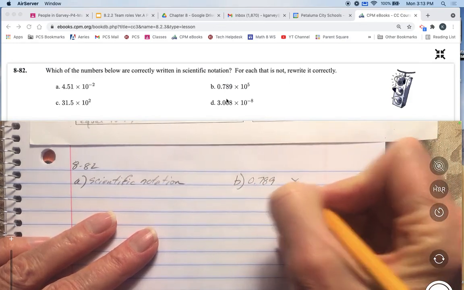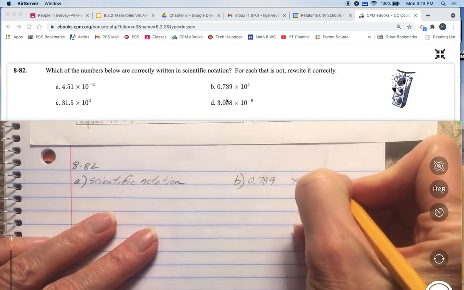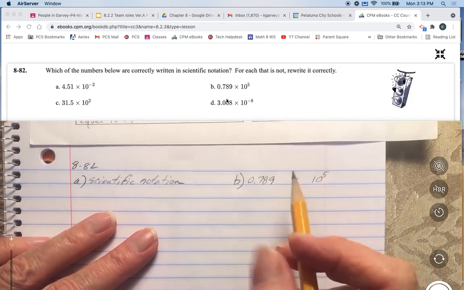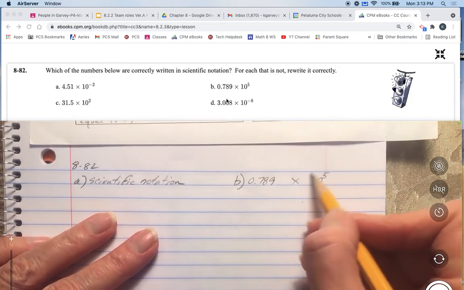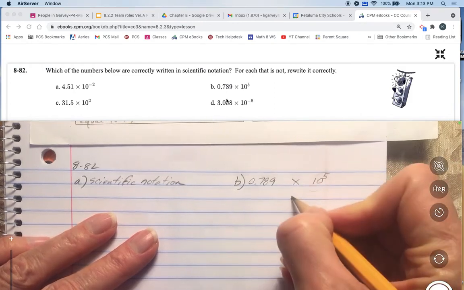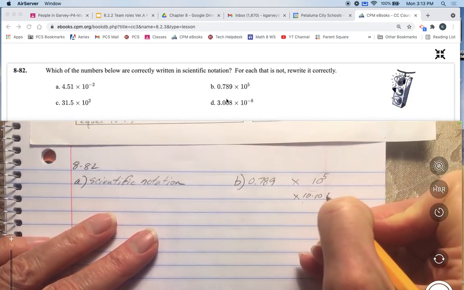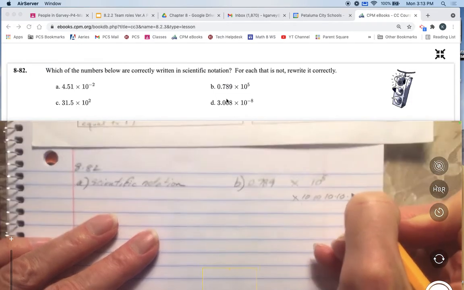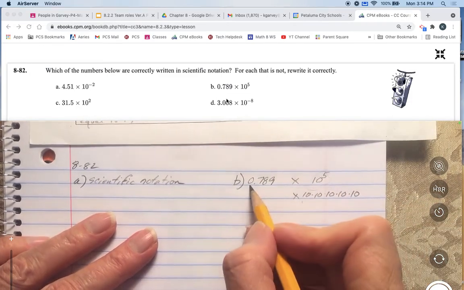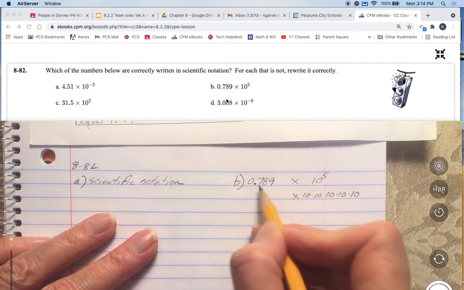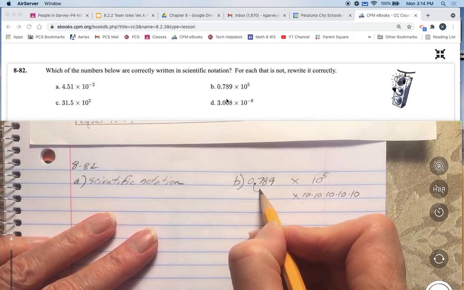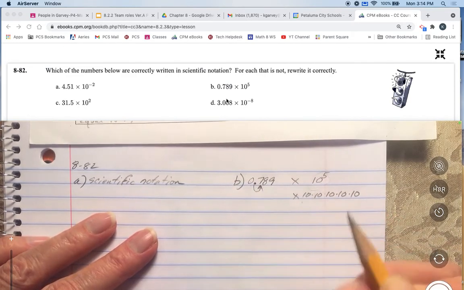And then if we multiply that, it's 10 to the 5th power. All right, so we have some extra tens over here. So this is really 10 times 10 times 10 times 10 times 10. And we need this to be just one decimal place over.